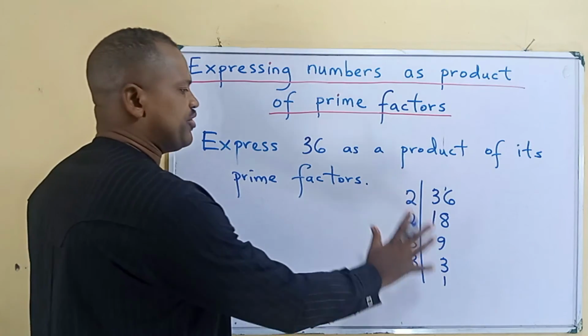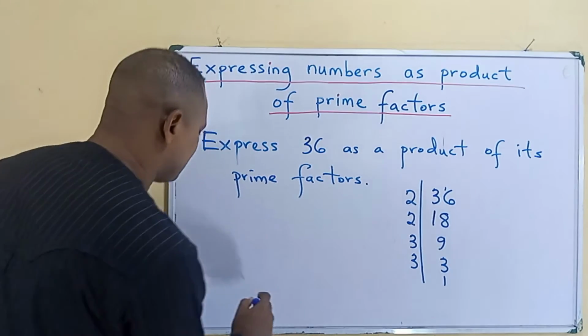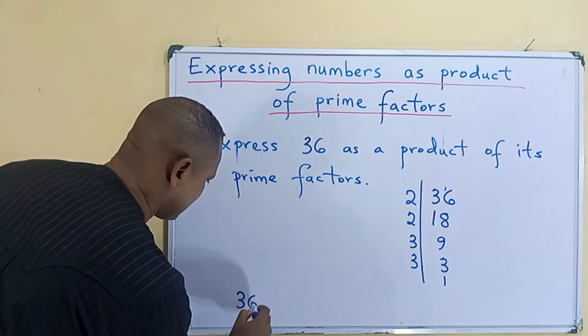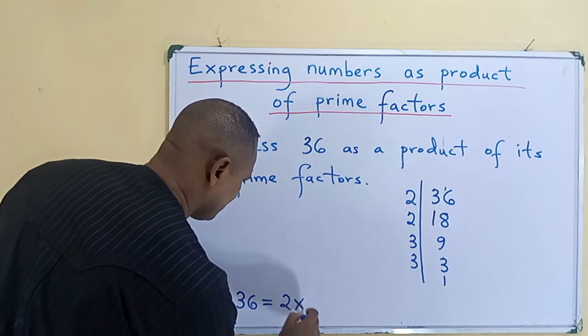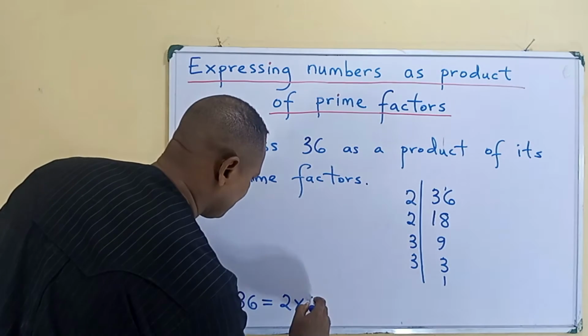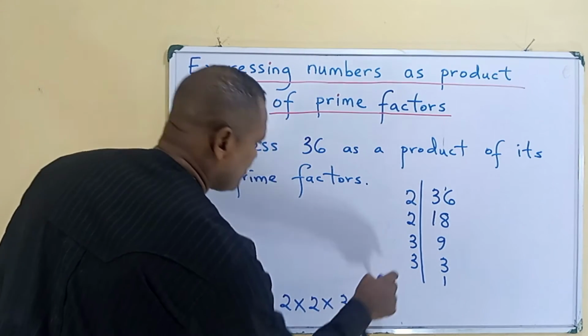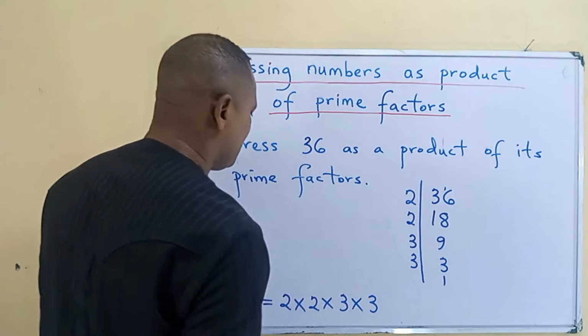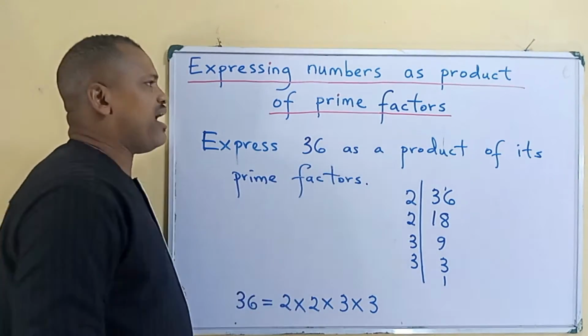Now, once you reach here, all you need to do is simply write 36 is now equal to 2 times 2 times 3 times 3.